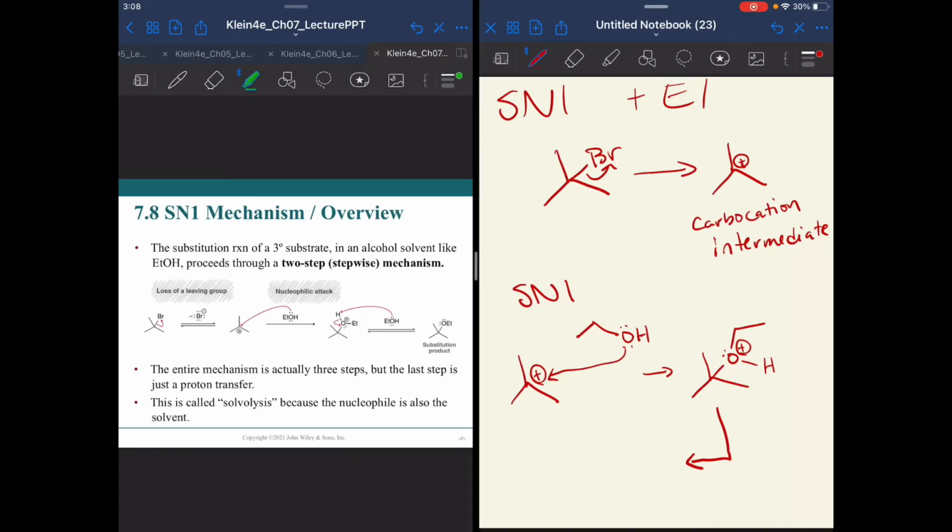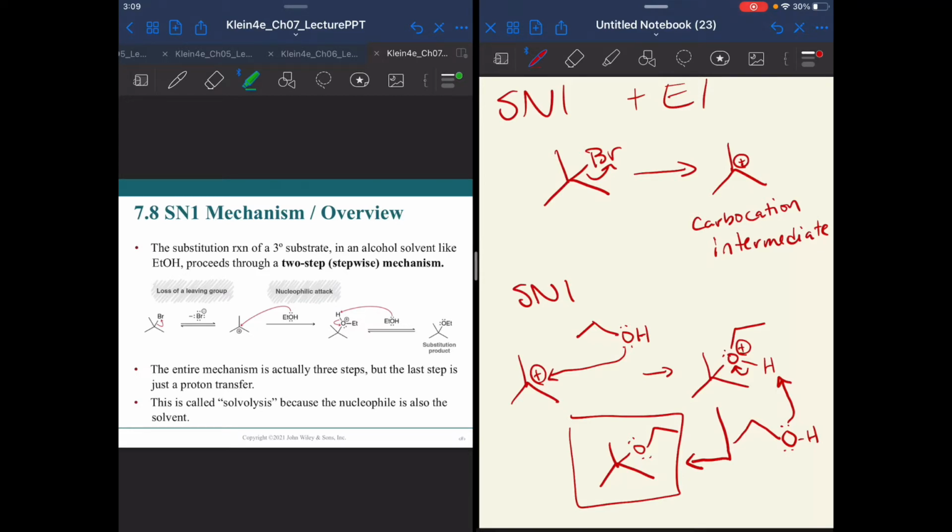If there was a strong base here, we'd be getting an E2 reaction. So to show the deprotonation, you only want to work with what's available. And we do have ethanol. So ethanol can act as our base, right? And so it'll pick up that proton. It will return those electrons to the oxygen. And we will have a neutral substitution product.